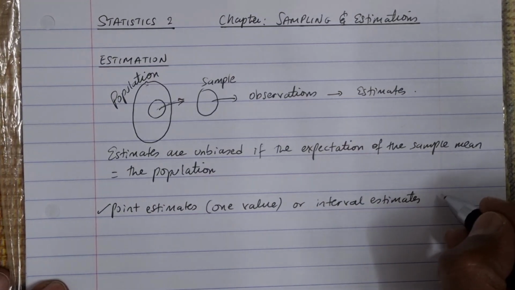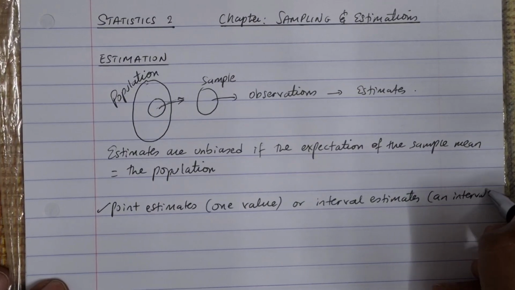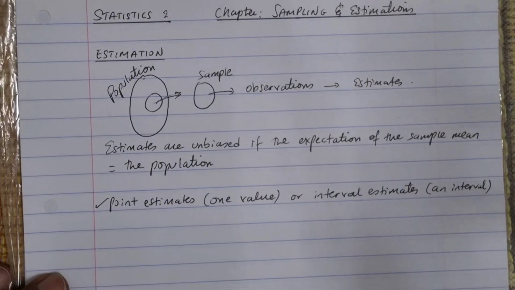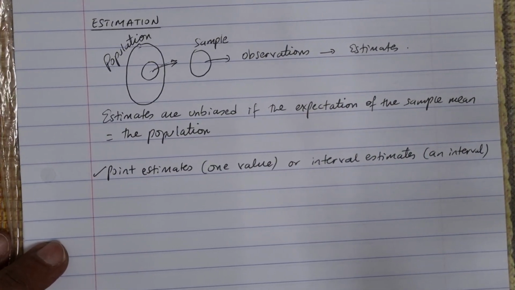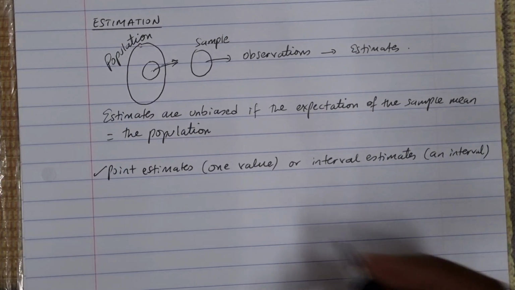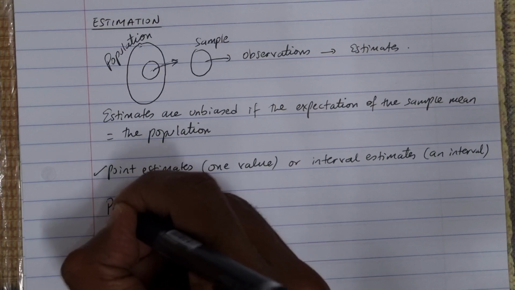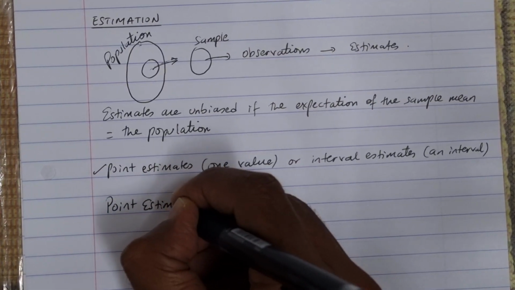And when we talk about interval estimates, we basically refer to an interval. And we will look at examples that will actually clear off any confusions about these problems here. So let me just refer now to what we call point estimates.